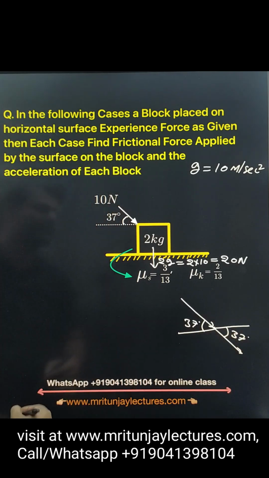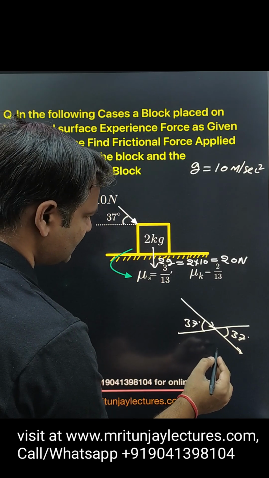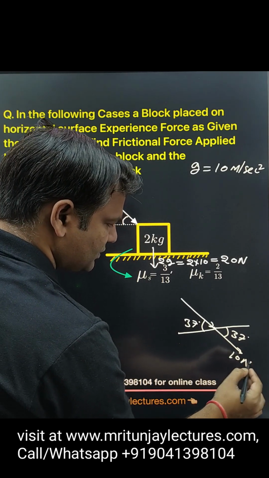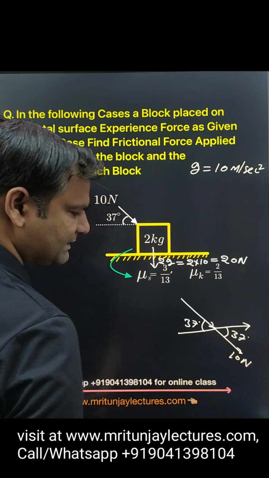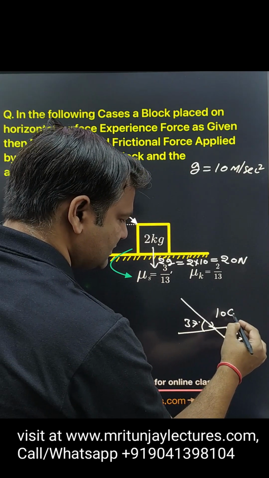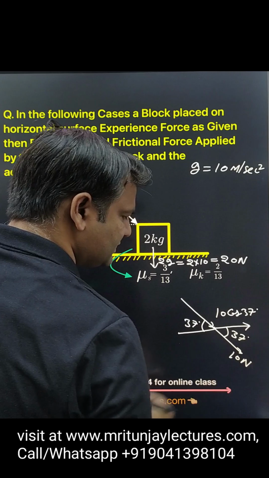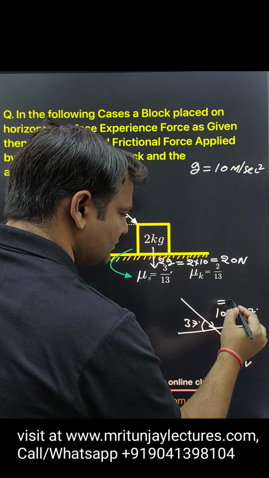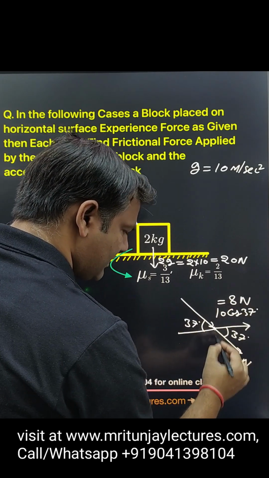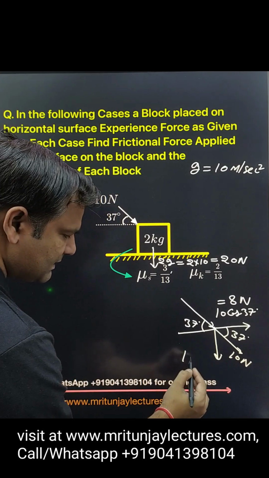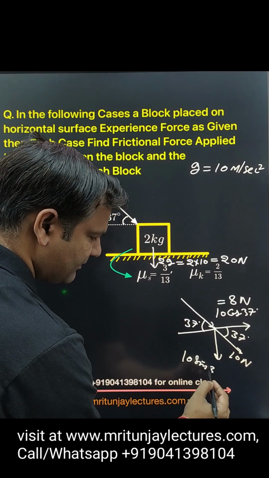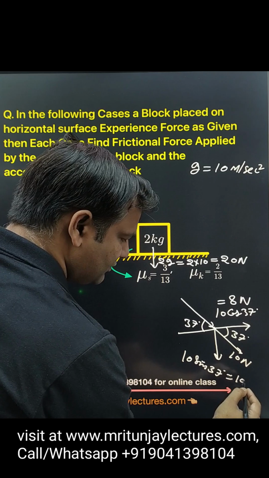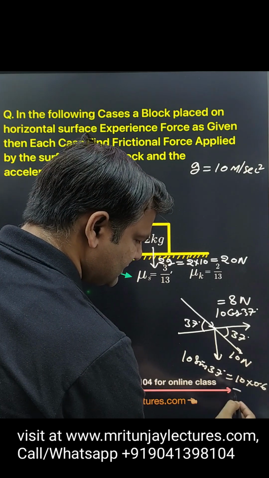And this one is 10 Newton. So the 10 Newton component along the x-axis is how much? 10 cos 37. Cos 37 is 0.8, so that is 8 Newton. And here 10 sin 37, so 10 into 0.6.